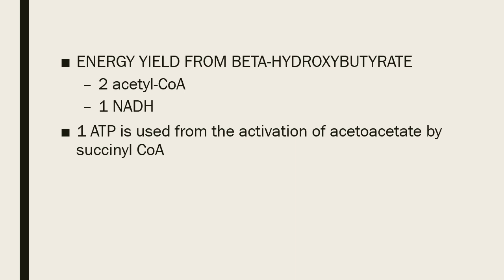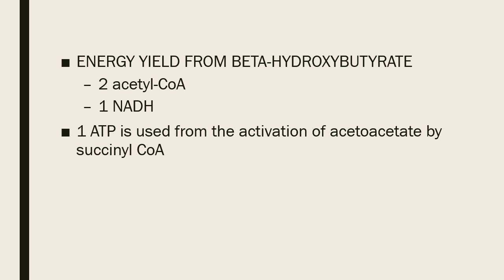You also produce one NADH by the oxidation of beta-hydroxybutyrate to form acetoacetate. Then you deduct 1 ATP, which is used for the activation of acetoacetate by succinyl coenzyme A.